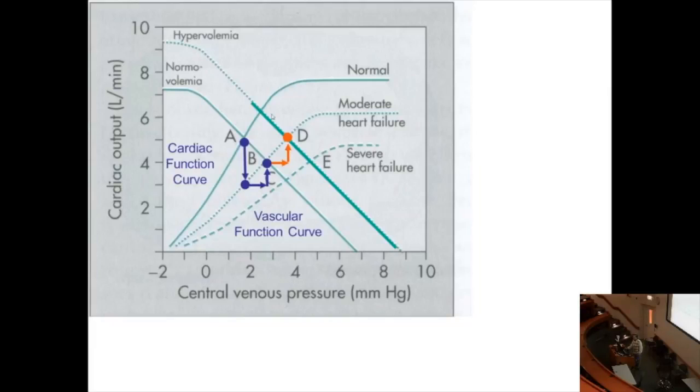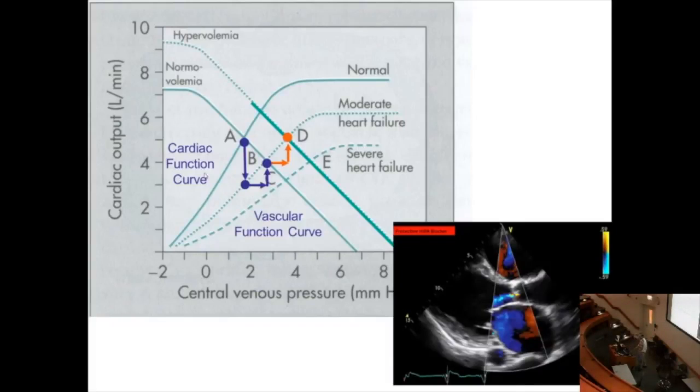Now, the disadvantage is that I'm at a higher CVP, and now my jugular is distending, okay? But the central venous pressure is something that your body is willing to increase in order to maintain cardiac output, okay? And so you get a parallel shift in your vascular function curve to a new operating point, and when you get back all the way to 5, you've compensated, okay?